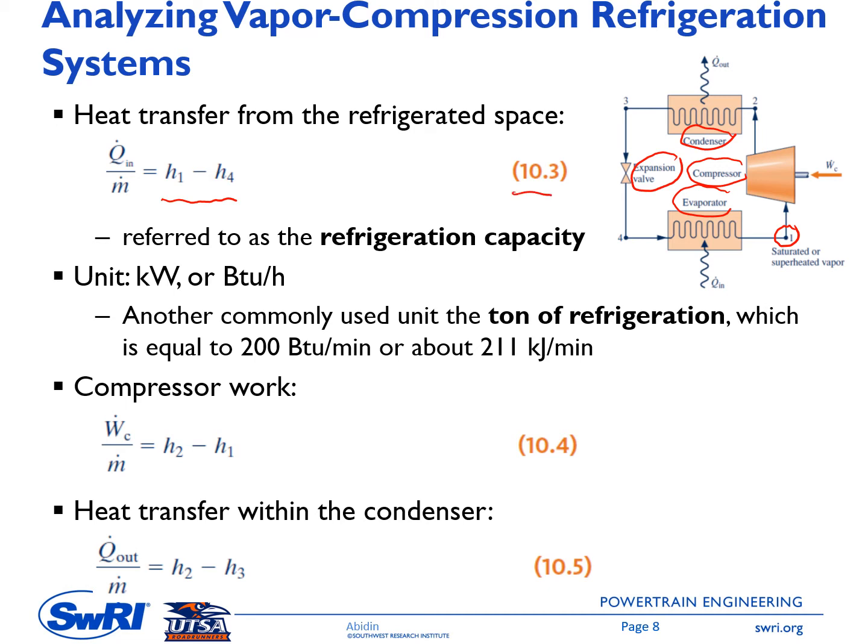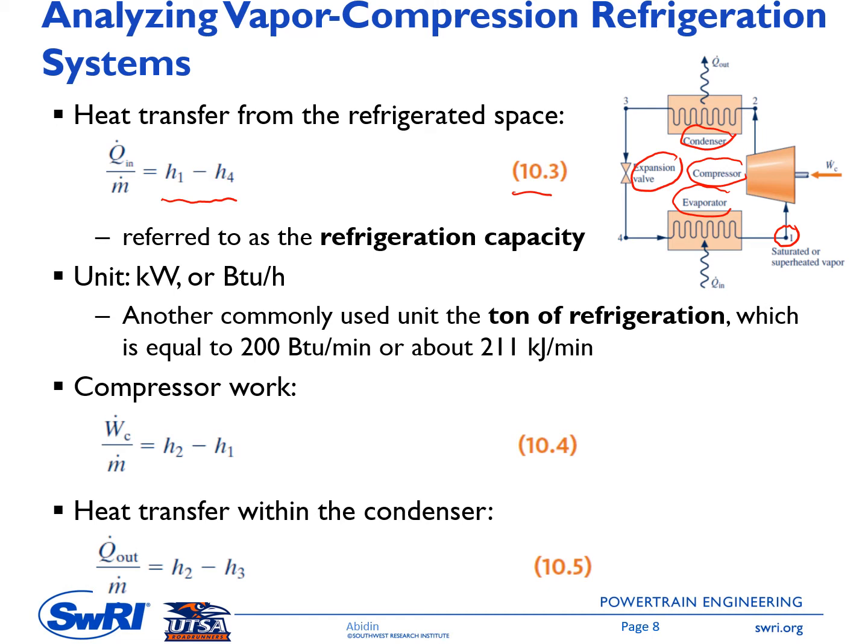Like in the previous analysis for a vapor power system and then the Brayton system, we use a positive number here to avoid confusion. So Q dot in over m dot here is h1 minus h4. And this Q dot in is also called refrigeration capacity.